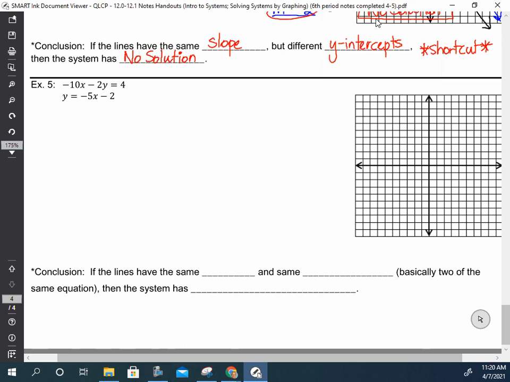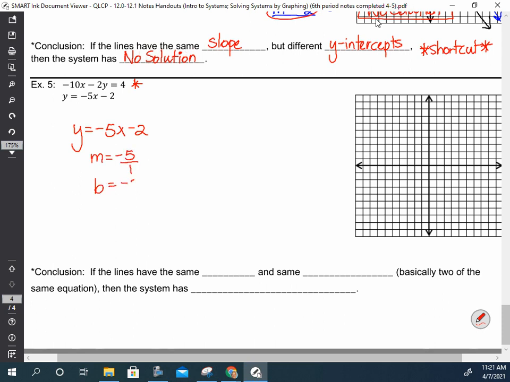All right, so you have your two equations. So the same rules apply. Just as what was already mentioned, no one said you had to start with the top equation. You do it whichever order you want. So if you did the bottom equation first, just to get it out the way, okay. Y equals negative 5x minus 2. So your slope is negative 5.